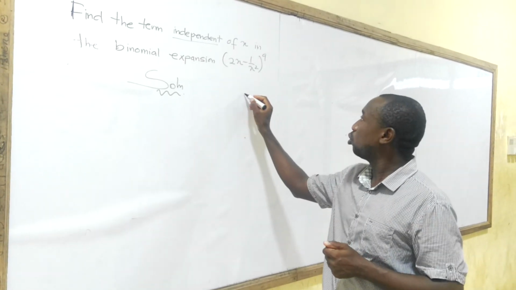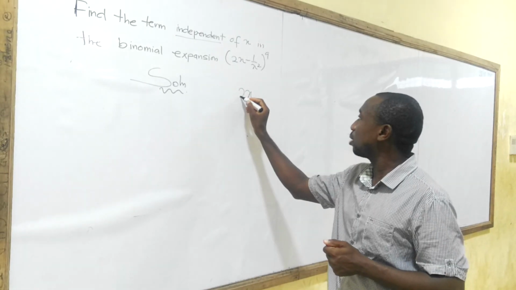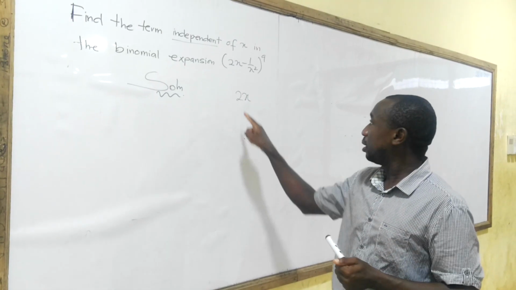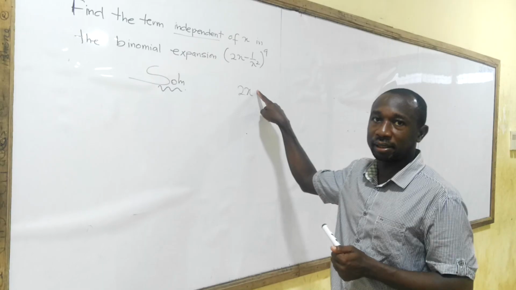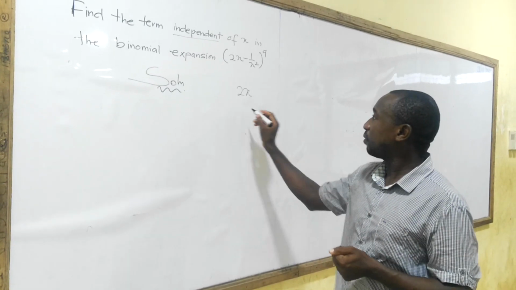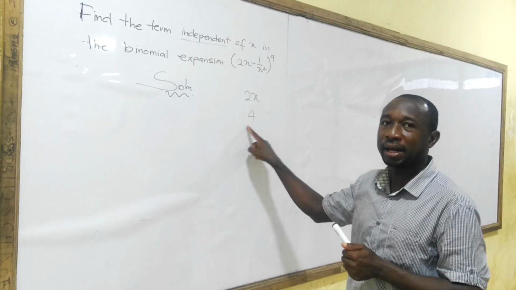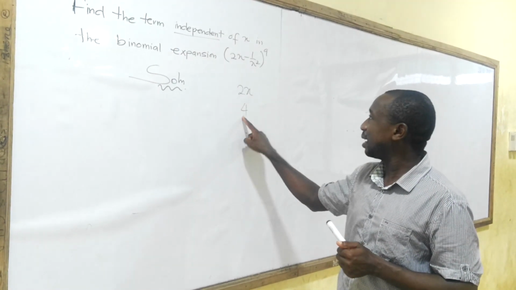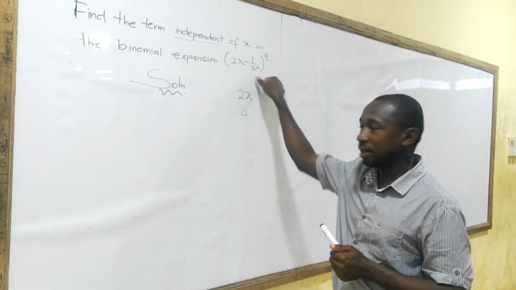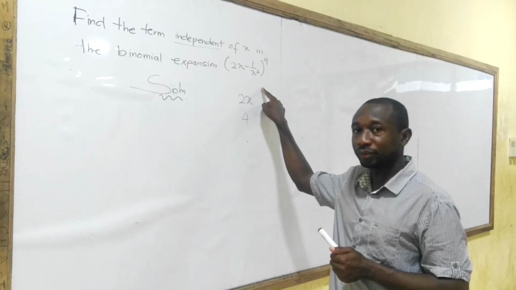If I write 2x like this, this 2x depends on x. But if I write 4, this 4 is independent of x. That is, it does not depend on x. It does not change with x.